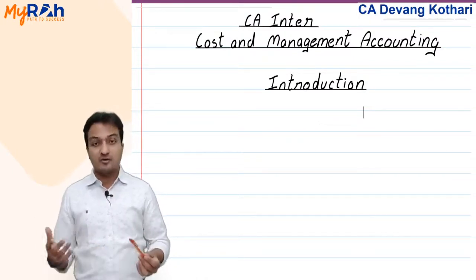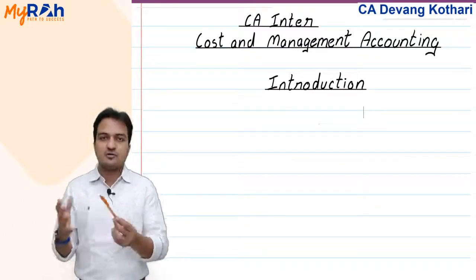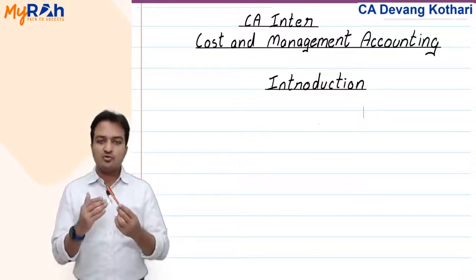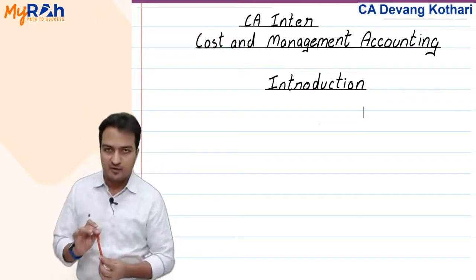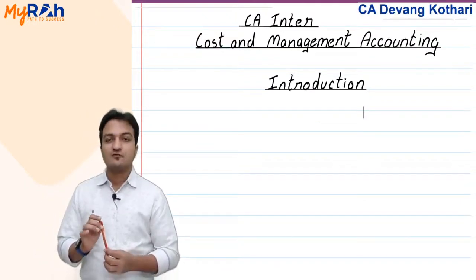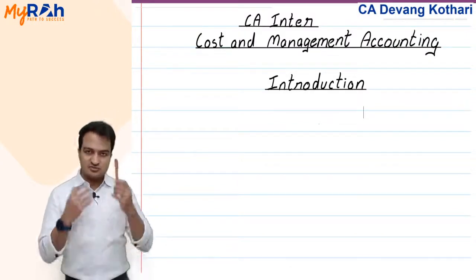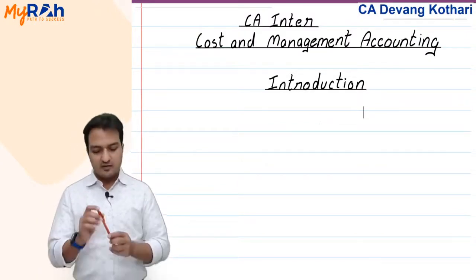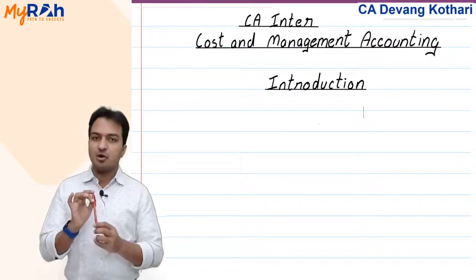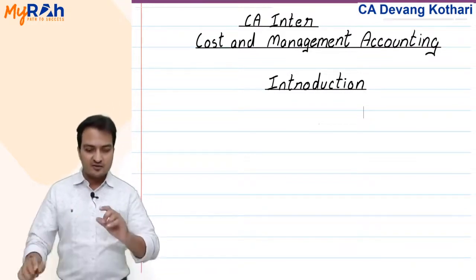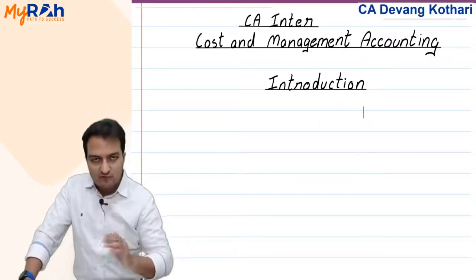Think about it. In any company, why do they want to calculate cost of a product? The first answer that maybe would come to your mind would be that the company will calculate cost of the product so that they can decide the selling price of the product.